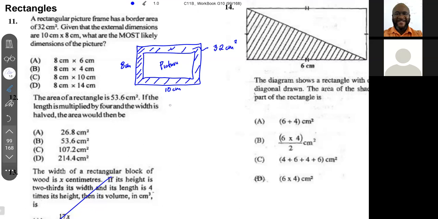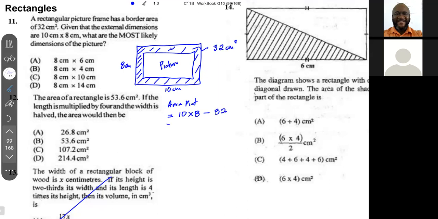So the area of the picture would be the area of the entire thing, which is 10 multiplied by 8. 10 multiplied by 8 will give me the area of the picture plus the area of the frame. Now, if I take away the area of the frame, which is what?